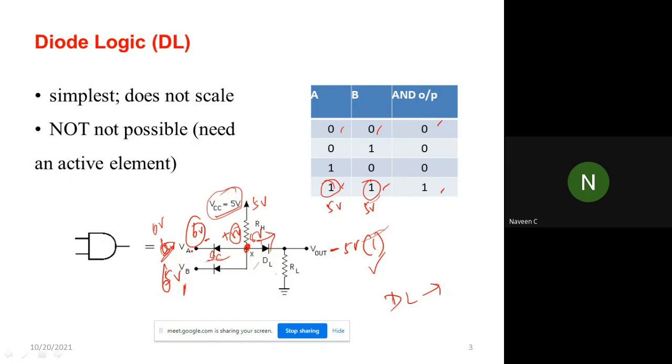This is a configuration we are trying to realize an AND gate. You can also realize an OR gate or any gate by connecting the diode and resistor combination in a different way. You can realize this diode logic for all the gates. One example we are seeing is for an AND gate.